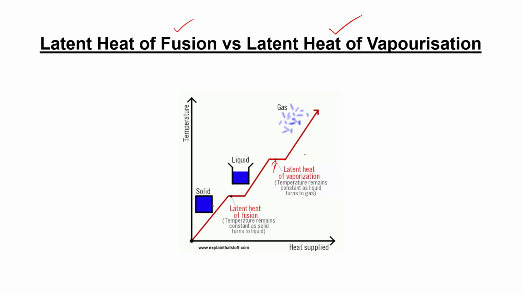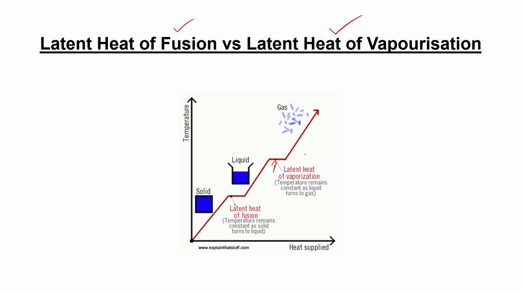Now let us see what is latent heat of fusion. In latent heat of fusion, this solid is getting converted to liquid. And here also the molecular bonds of this solid phase are broken down, and finally the molecules become a little more free. So that happens in the latent heat of fusion.